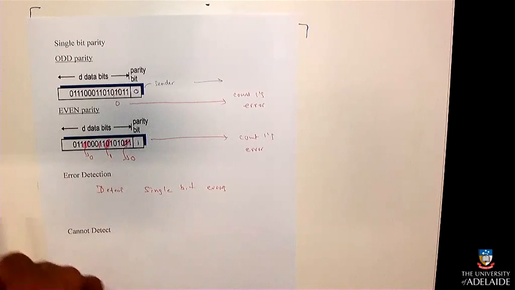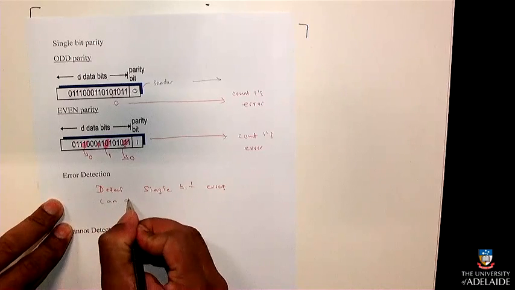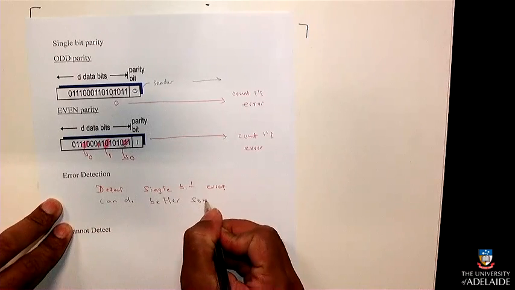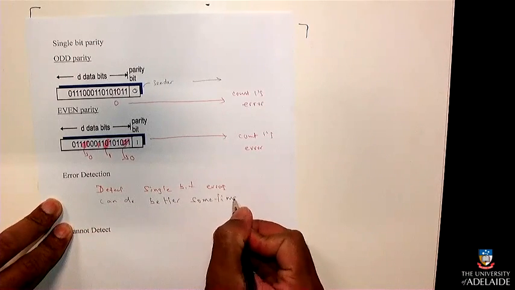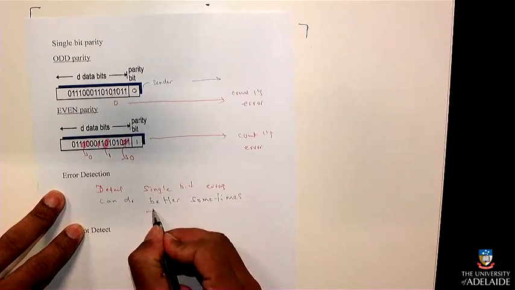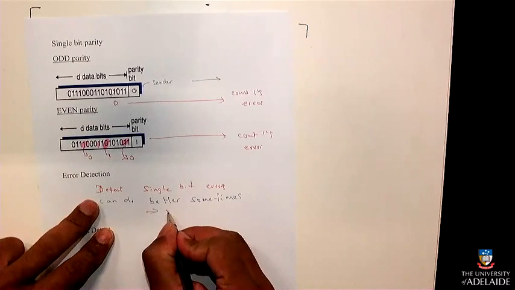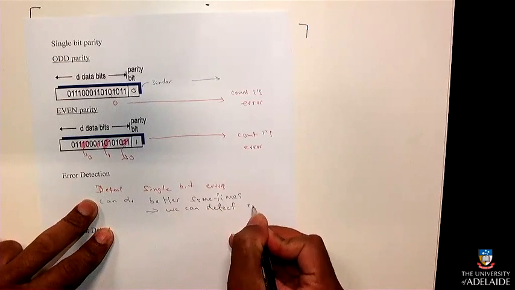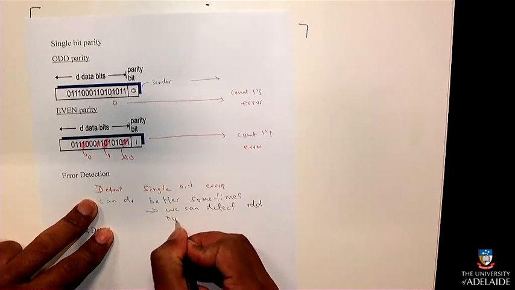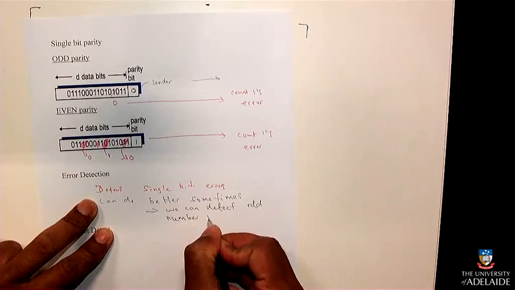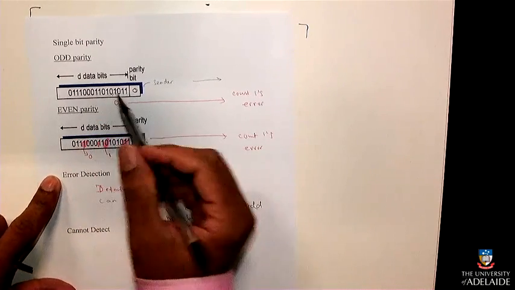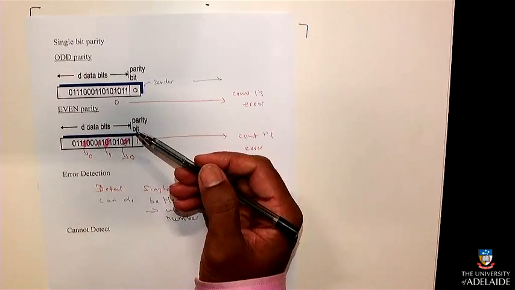Okay. So we can do better. So whether it's odd or even parity, if you have an odd number of bit flips, then you should be able to detect it.